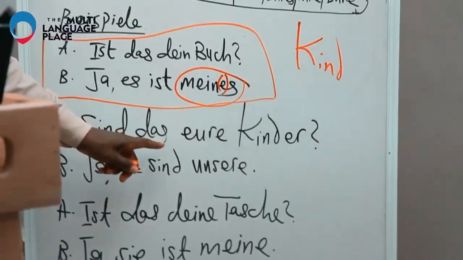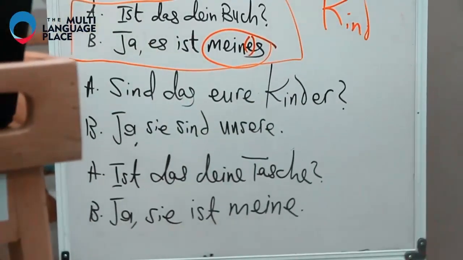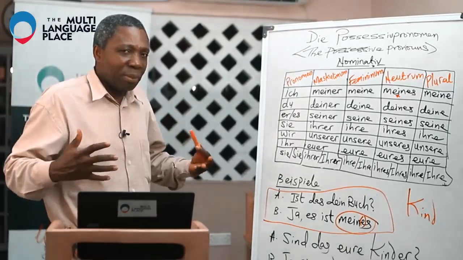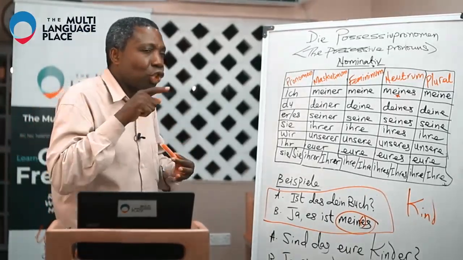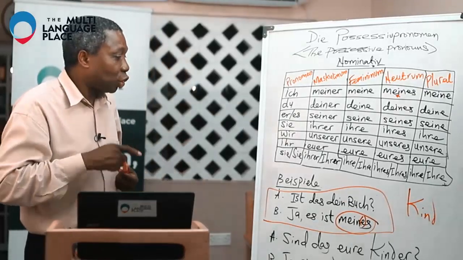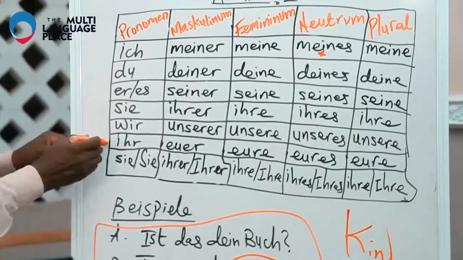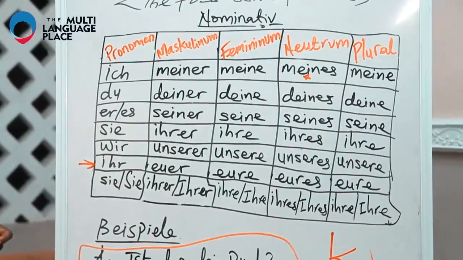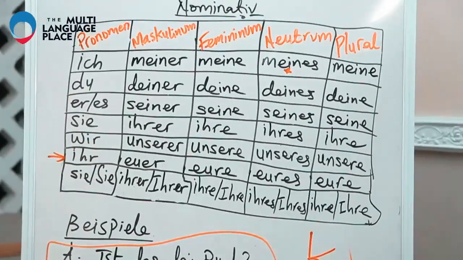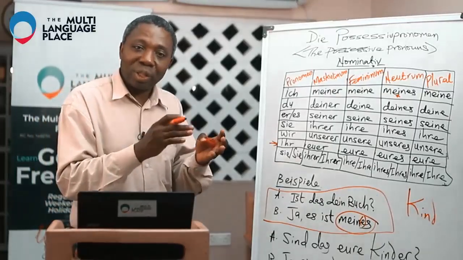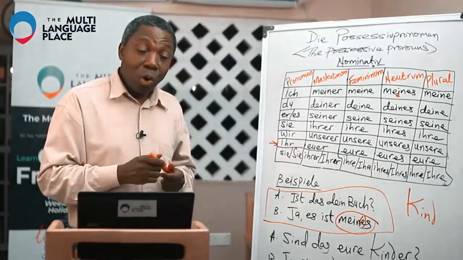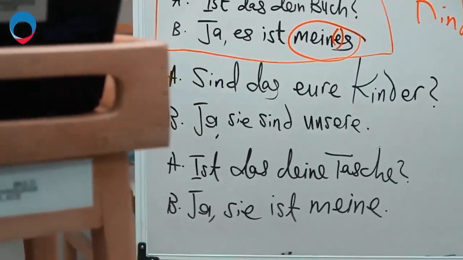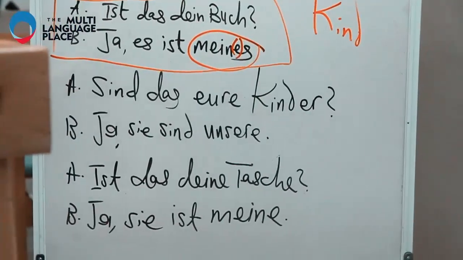So, sind das eure Kinder? Are those your children? We are talking about possessive now, and the your that is referred to is the second person plural. You see the father and the mother and the children playing in front of them. Oh, sind das eure Kinder?